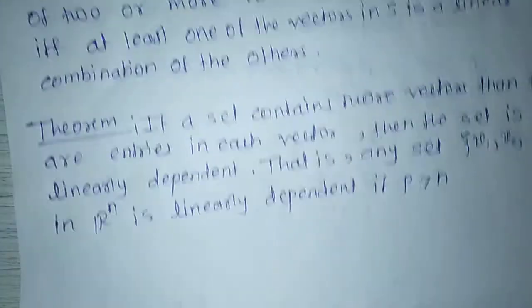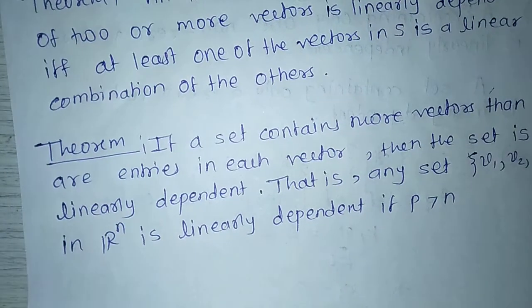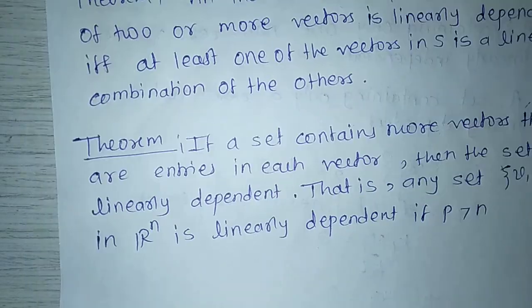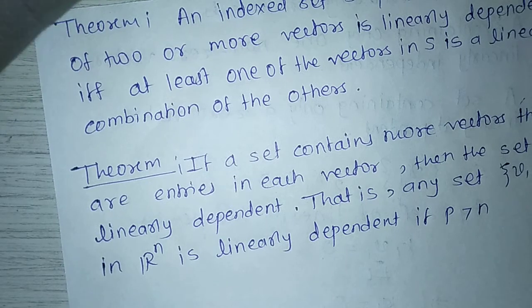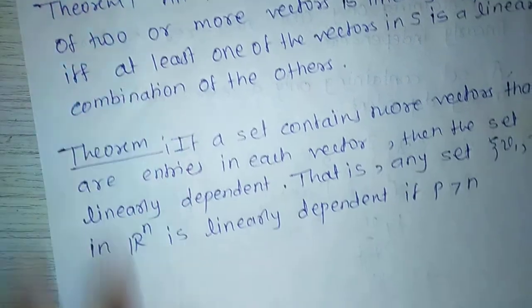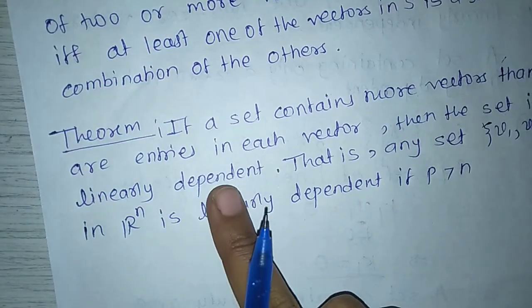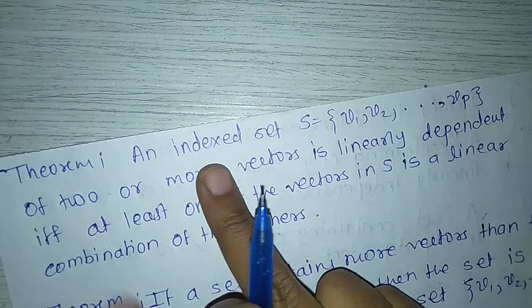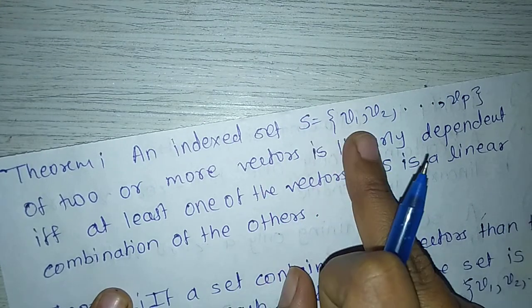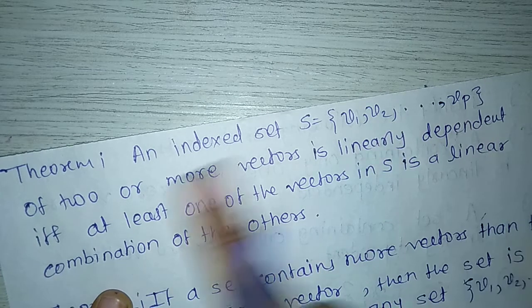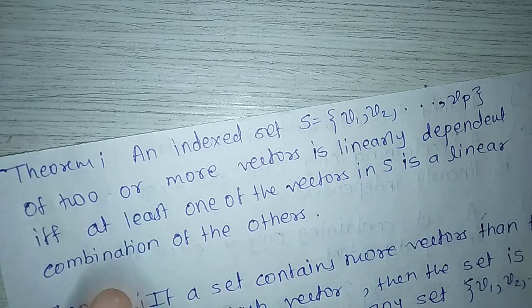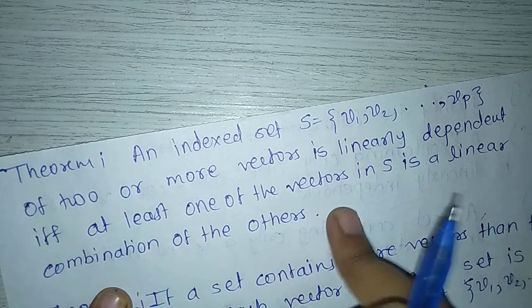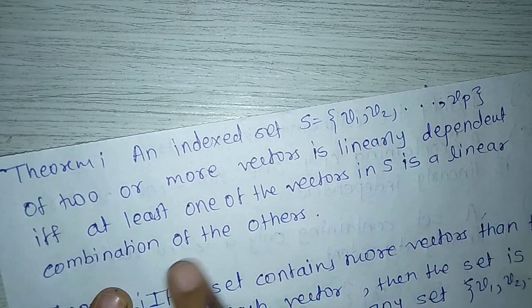Next, theorem without proof. An indexed set S equal to the set of V1, V2 and so on Vp of two or more vectors is linearly dependent if and only if at least one of the vectors in S is a linear combination of the others.